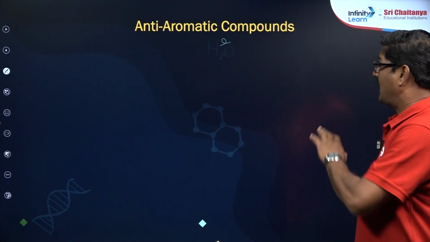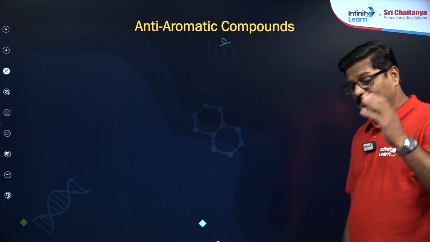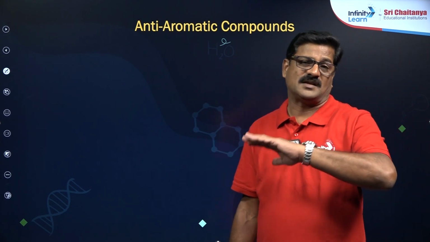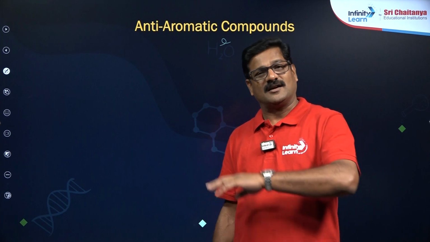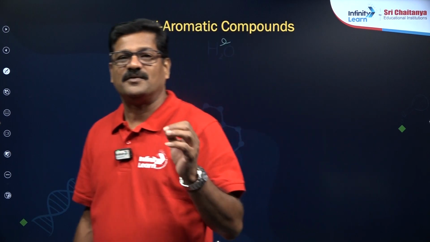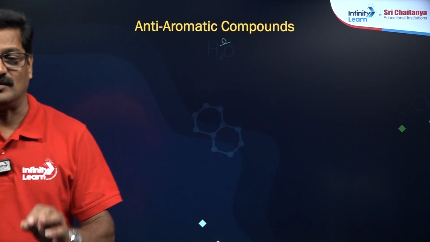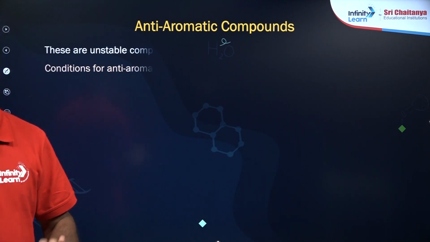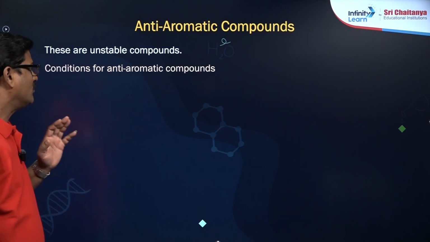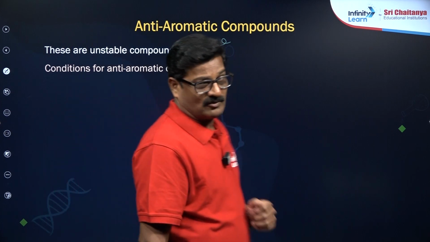And also there are anti-aromatic compounds. If the compound is cyclic, planar and has complete delocalization, but unfortunately does not follow Huckel's rule, it is said to be anti-aromatic, and an anti-aromatic compound should have 4n pi electrons.